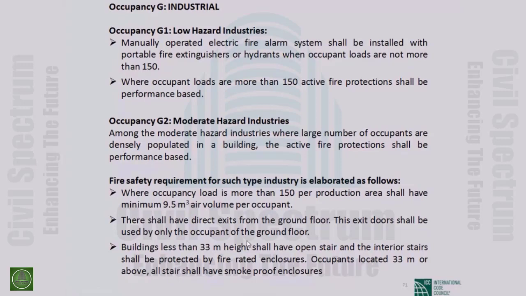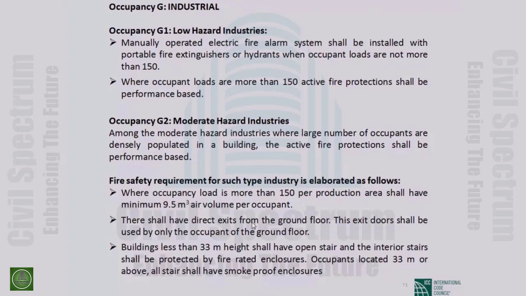Buildings less than 30 meter height, that is low-rise building, shall have an open stair or an interior stair. So you can remember what is open stair and what is interior stair. Open stair means a stair which has at least one side 50% open. That is open stair. One side, 50% of that side wall is open. That is open stair.